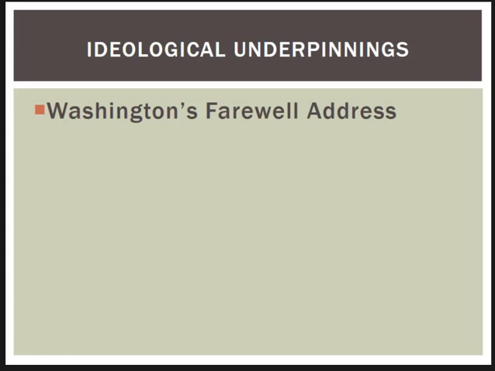And if you know nothing else about foreign policy, know about Washington's farewell address. It is mentioned 3 different times in the literature that the AP people give us. Washington counseled the nation to, quote, refrain from entering into entangling alliances.